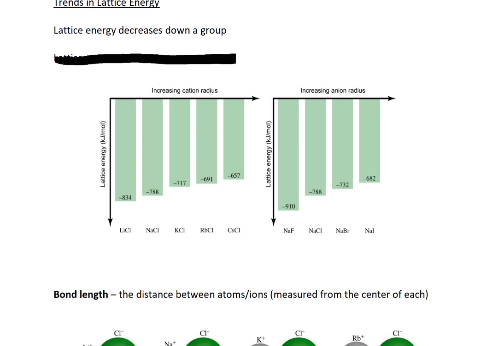So no matter if we're looking at a group that forms a positive ion like group 1 and 2, or if we're looking at groups that form negative ions like the halogen family or the oxygen family, we're going to see the same trend. That lattice energy is going to decrease, meaning that it's going to become less exothermic as we move down a group.